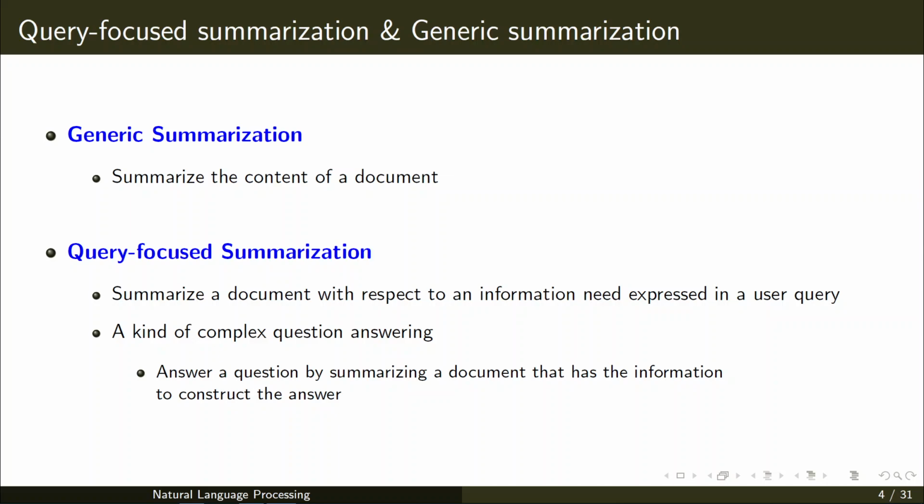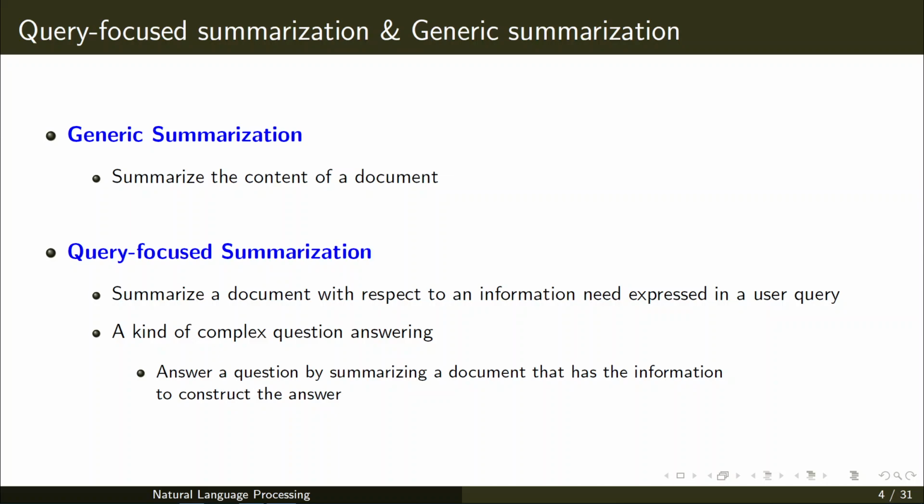So it's very similar to question answering. That is, the user has given you a query, and based on that, the IR engine or the information retrieval system has given you a set of documents which may be relevant, and from this set of documents, you would like to find the exact relevant or important part of it. That is what you mean by query focused summarization.